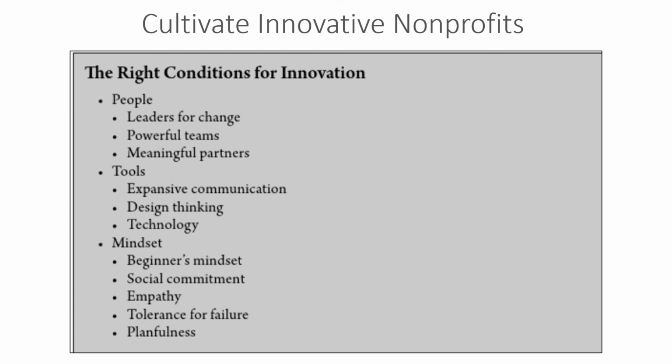Making or creating the right conditions for social action and social change through innovation also includes harnessing meaningful partners. So leveraging relationships for successful innovation includes having the ability to establish relationships with a very diverse set of partners who share similar perspectives or have complementary skills.